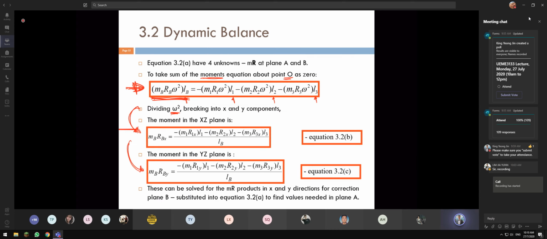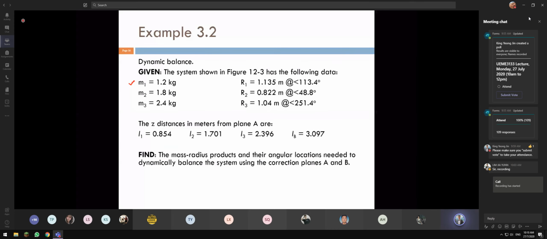Okay? So now if we look at here, it gives M1 is 1.2 kg, M2 is 1.8 kg, and M3 is 2.4 kg. And then it gives us the location of this unbalanced mass. So the location for R1 is 1.325 meters at the angle of 113.4 degrees.